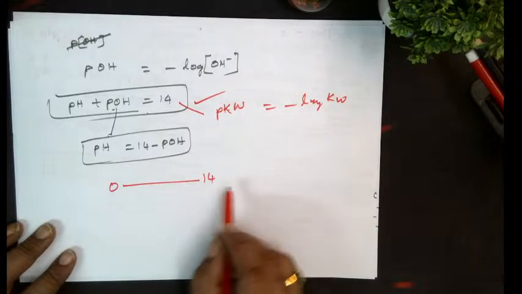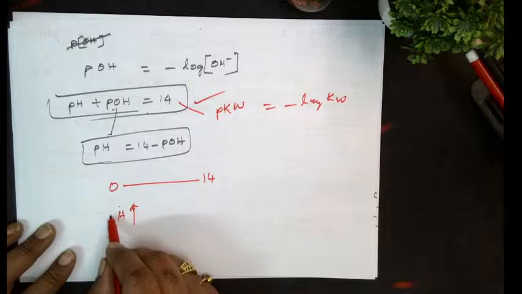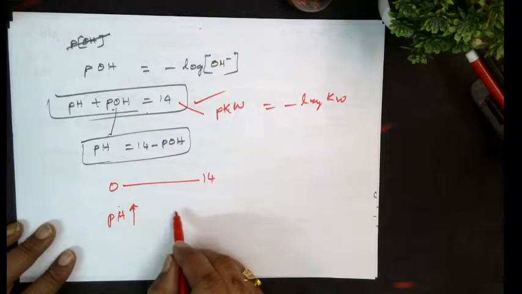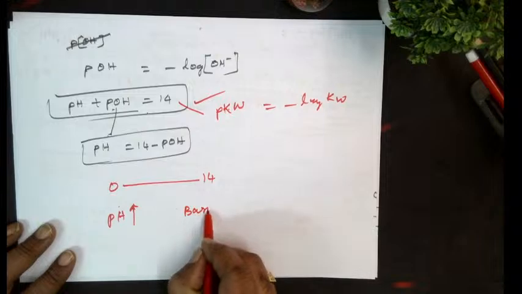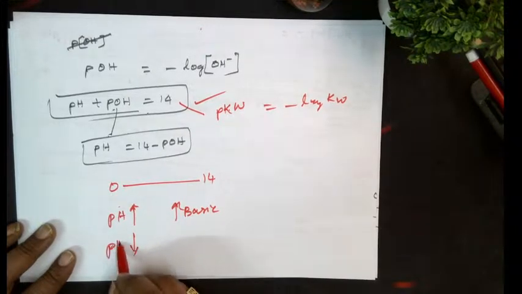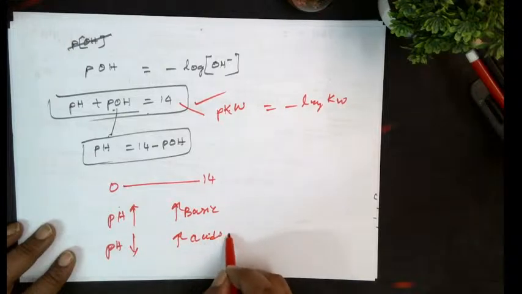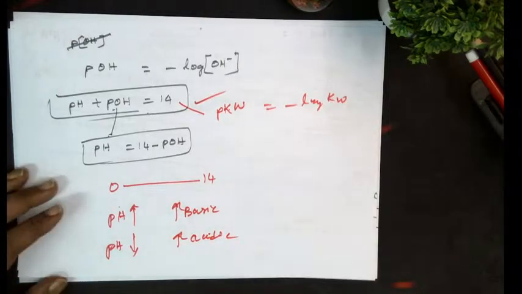Increase of pH from left to right means what? That alkalinity increases, that is, basic nature increases. And decrease of pH indicates what? Acidic nature increases. So likewise we can determine.